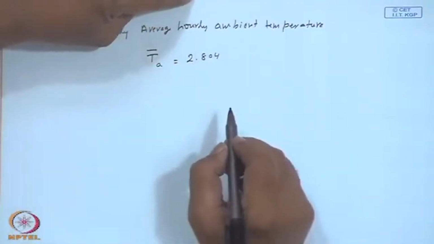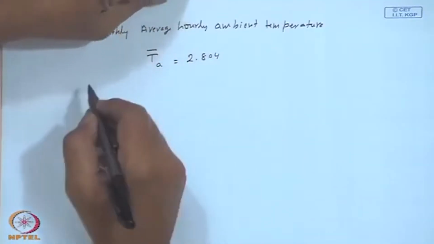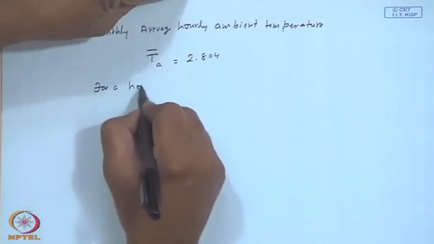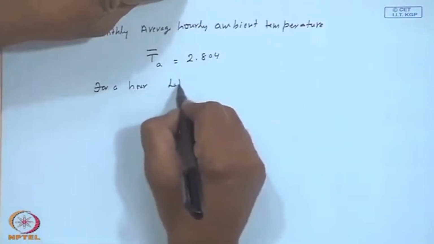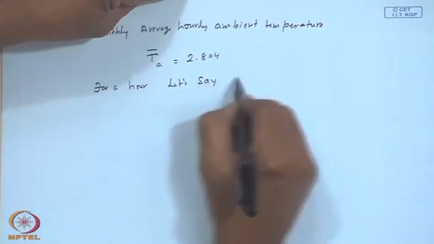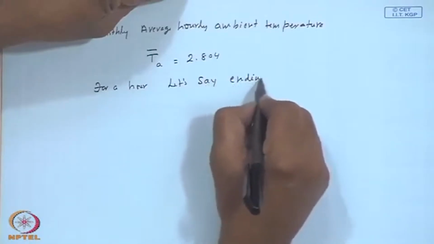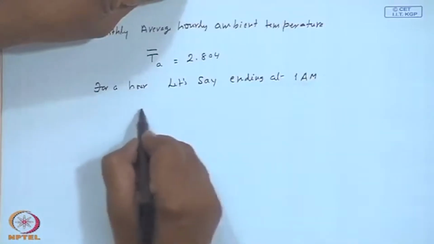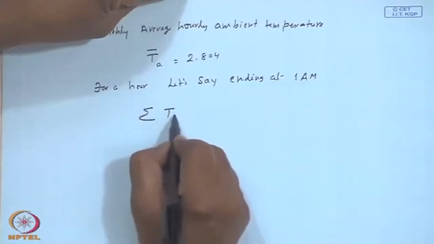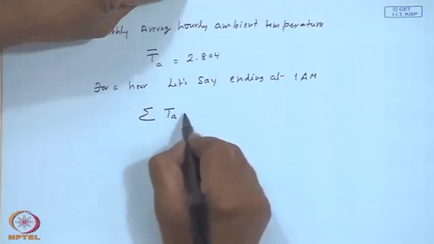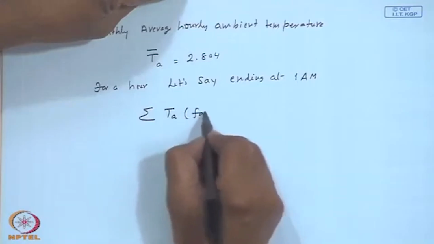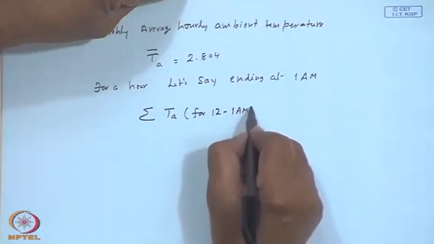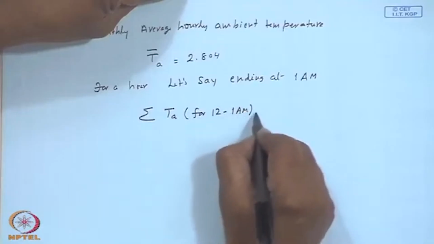Now, the so called mean hourly air temperature, say for example, for the hour ending at 1 a.m. This is T A for 12 to 1 a.m. for all the days.